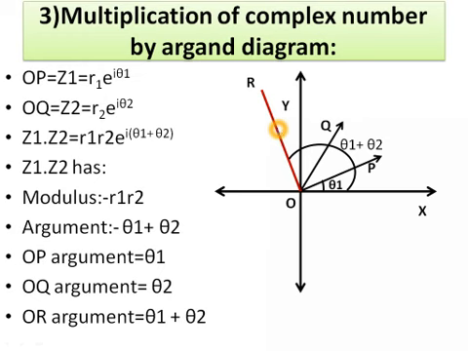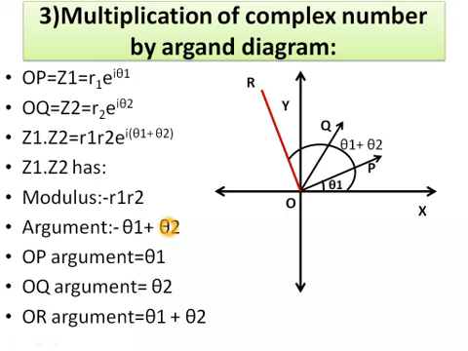So from that one can say that the multiplication will modify the modulus to R1 into R2 and will modify the argument such that theta 1 plus theta 2 is the new argument.